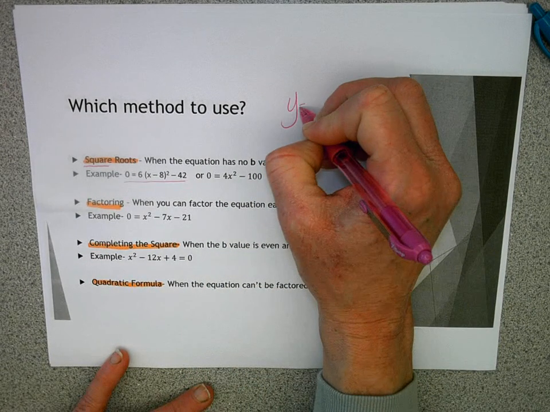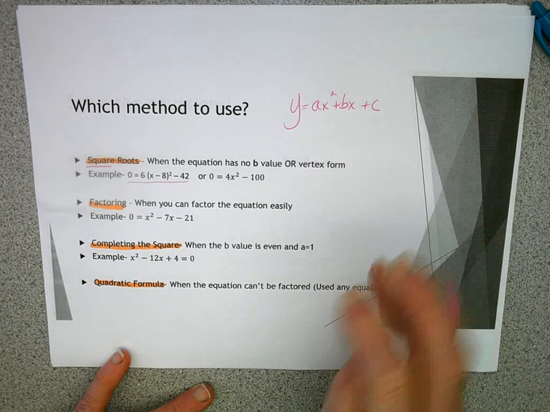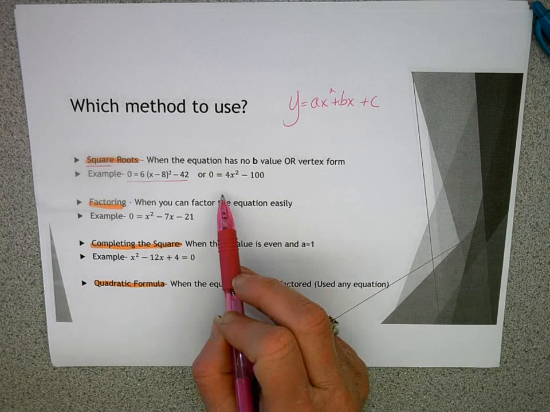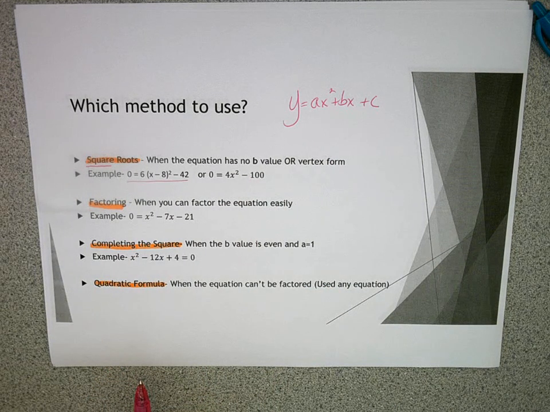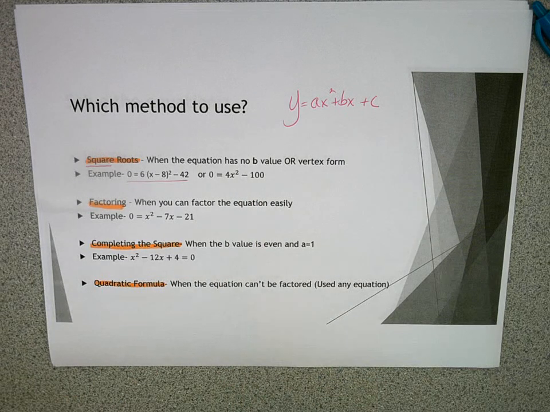So y equals ax squared plus bx plus c. If it has no b value like this, really easy to solve by square rooting. Remember 2 answers, because when you square root, you always get a plus or minus. So if you see something that's already in vertex form or doesn't have a b value, I would say solve by square rooting. It'll be your easiest.